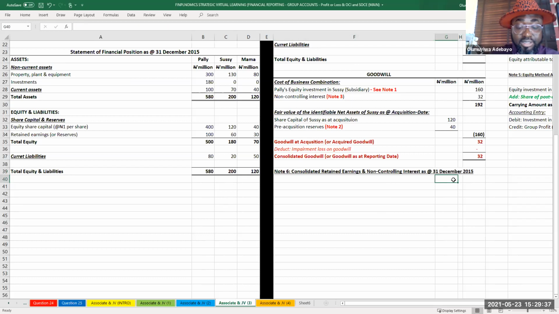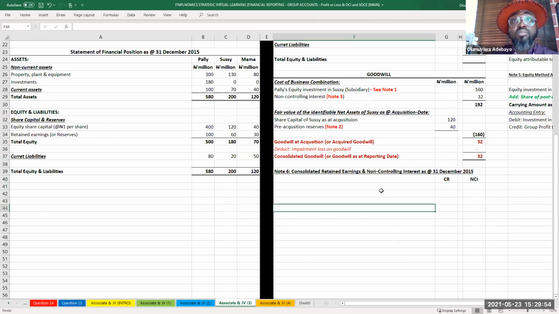We have consolidated retained earnings, our CR and NCI, non-controlling interest. All figures in millions.